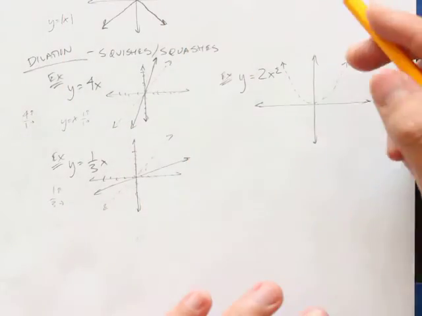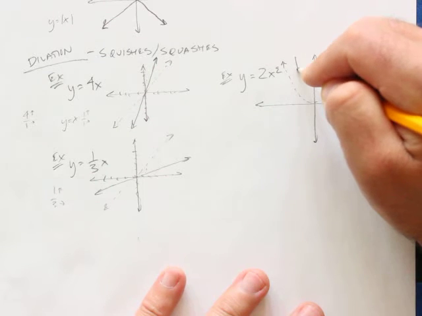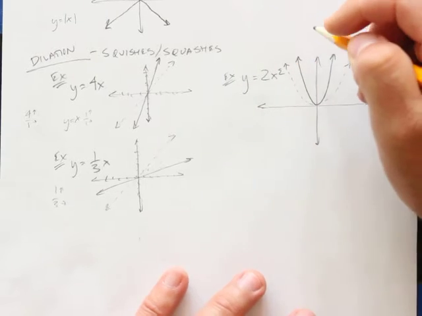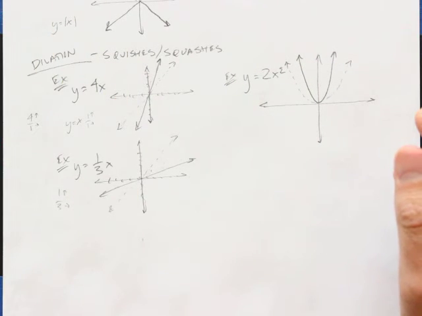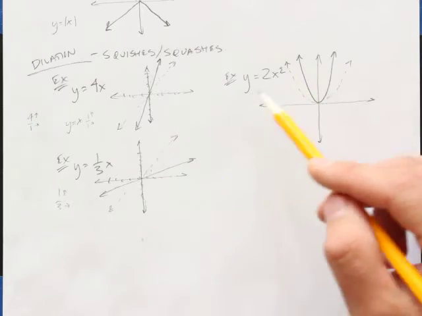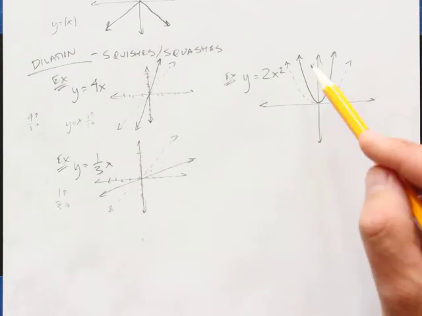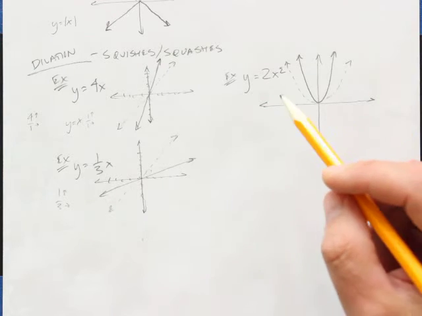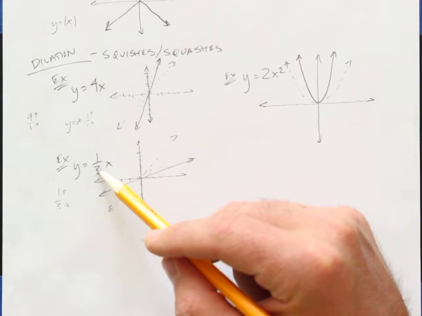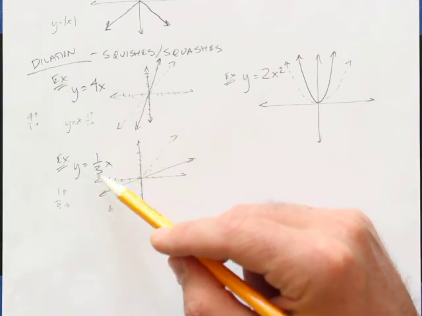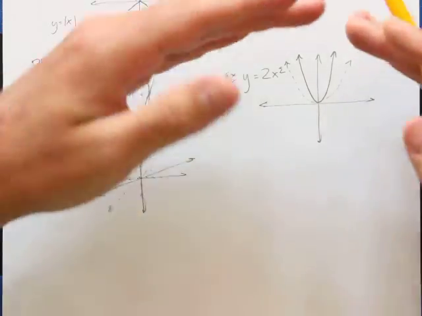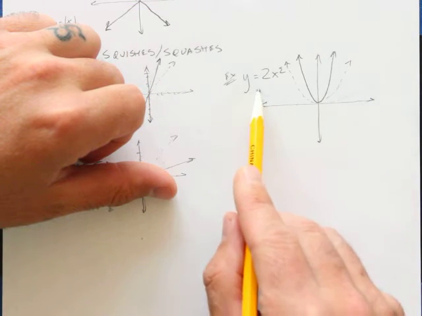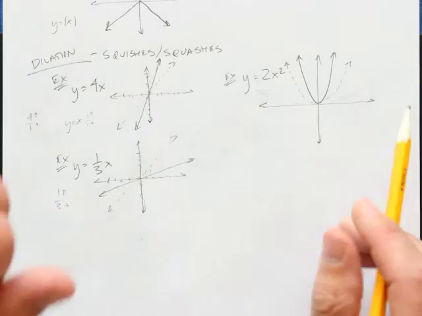It's going to squish this way. So my function is going to look like this because it got squished in that way. Notice how I'm not finding any points here. I'm not being super specific. I just want to understand that that's what's happening. Now, if I were to do a fraction between 0 and 1, like this 1/3 x, then it would smash it this way, and I would have something that went like this instead of like that.